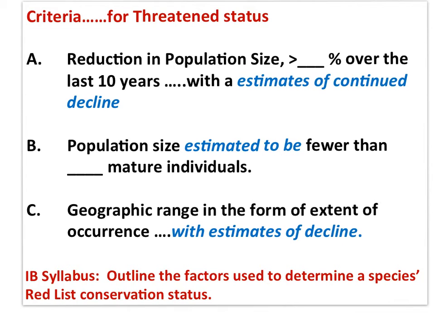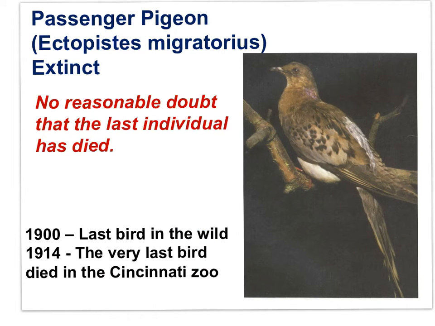So, red list status is based on rate of population change, actual size of the population, and thirdly, size of the habitat with rates of change. Let me provide examples of species in each of the red list categories.